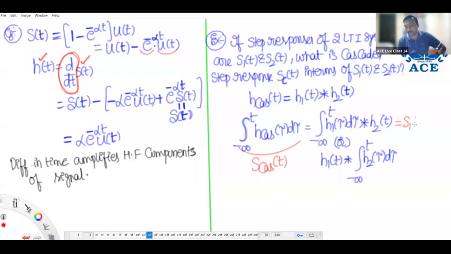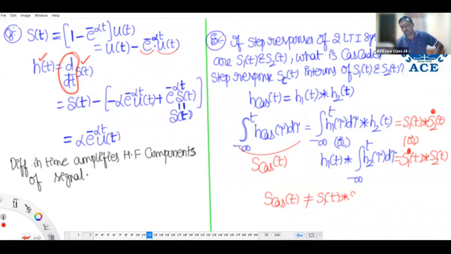This is S1(t) convolved with S2'(t), or S1'(t) convolved with S2(t). Both answers are correct, but the answer never equals direct convolution of step responses. Integral of h1(t) is S1(t), and h2(t) is S2'(t), or h1 means S1'(t) convolved with S2(t).